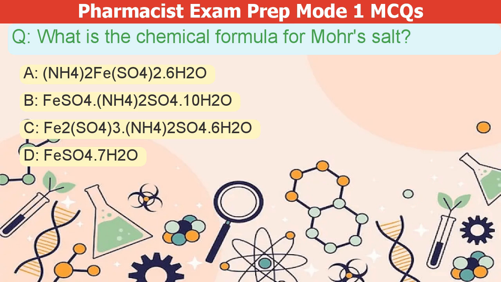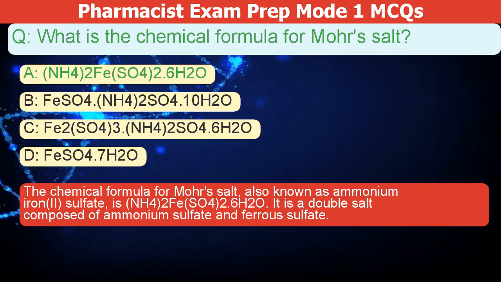D. FeSO4.7H2O. The correct answer is A. The chemical formula for Mohr's salt, also known as ammonium iron(II) sulfate, is (NH4)2SO4.FeSO4.6H2O. It is a double salt composed of ammonium sulfate and ferrous sulfate.